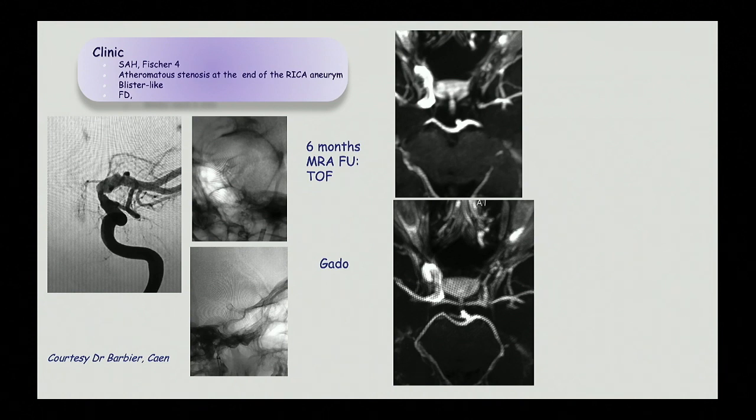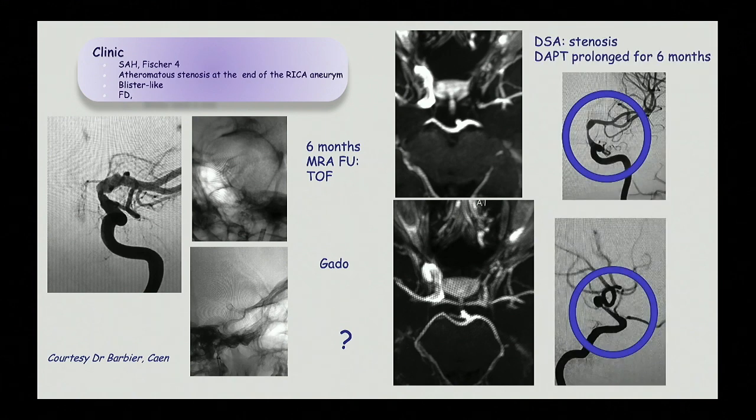Very difficult to understand, but if you look at the DSA, you see still some stenosis, but you know from the beginning there was an atheromatous stenosis, and there is in-stent stenosis, so we are waiting because you know that this in-stent stenosis is maximum after 6 months. We discussed the case yesterday, so we wait and we hope that the case will be better. The patient is asymptomatic, so we don't do much.